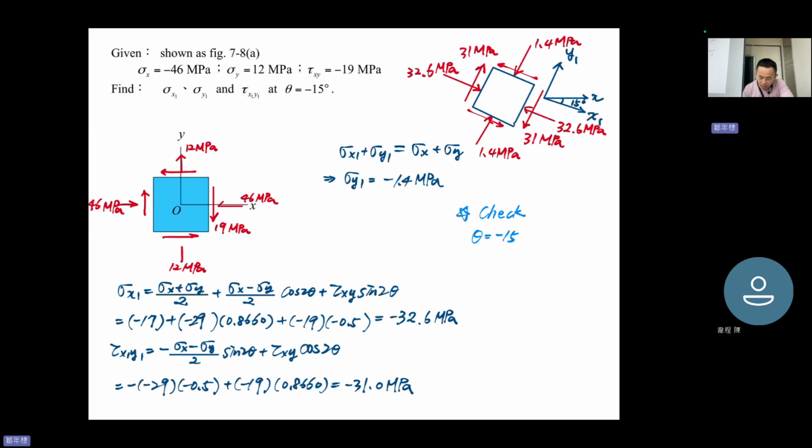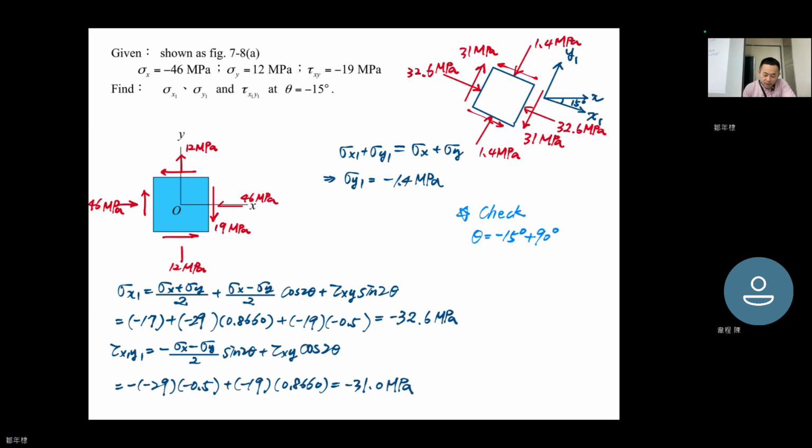If you check theta equal to minus 15 degree plus 90 degree, you end up determining sigma y1. All right, so you will get 1.4 MPa.